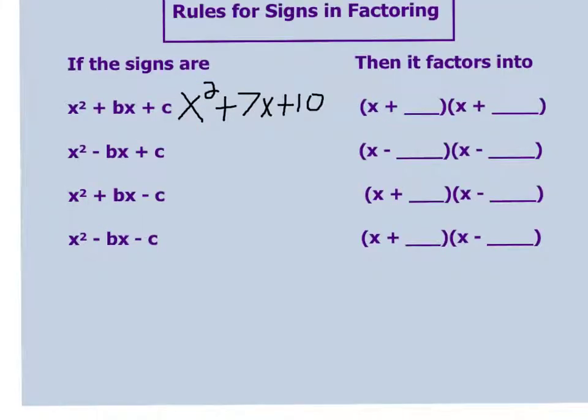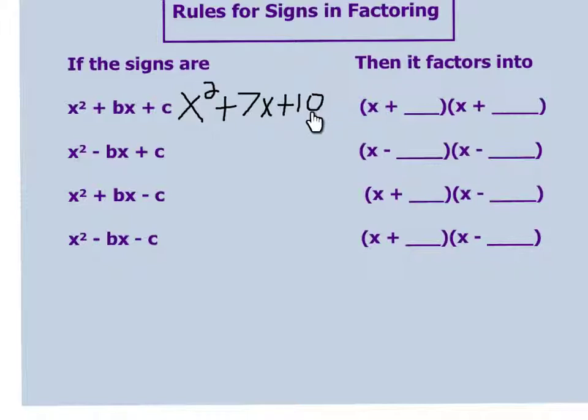Alright, this slide is to teach you about some rules that might help you come up with what goes in these parentheses. We've already discovered that if we have x squared here, then we need an x here and an x here. But if there's a plus sign here and a plus sign here, these both have to be plus signs.